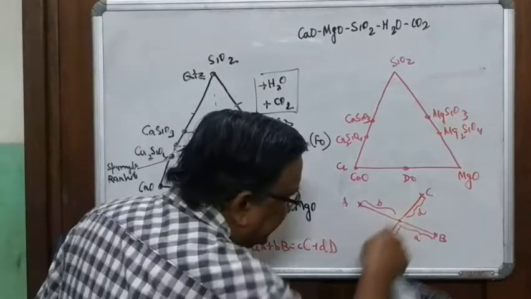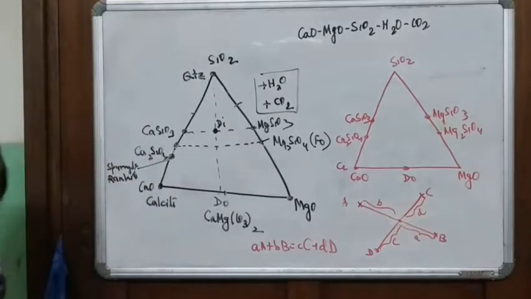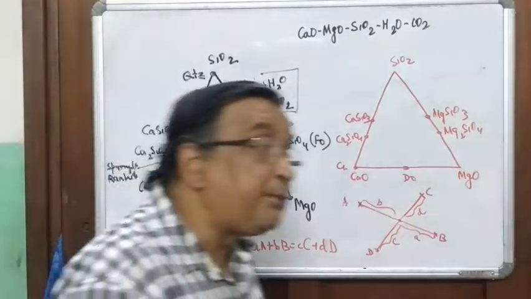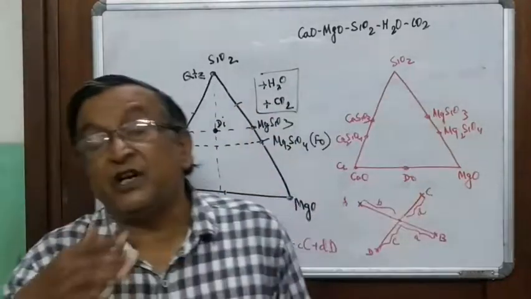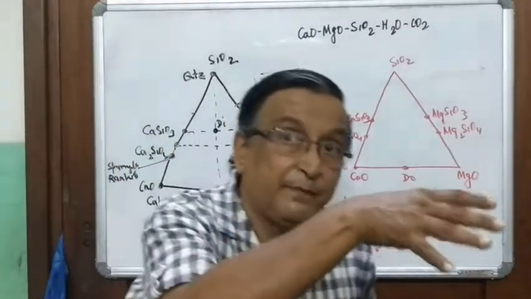So not only the intersection, but the magnitudes of these give an idea of the proportion of aA and bB in cC and dD. They give you the proportion in which the reactants react and the proportion in which the products are produced.